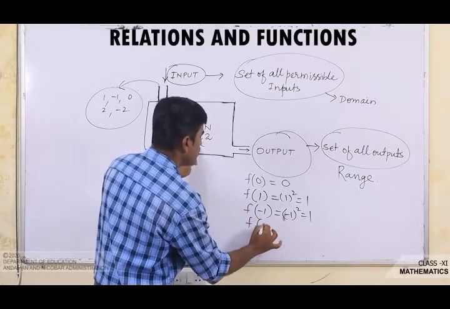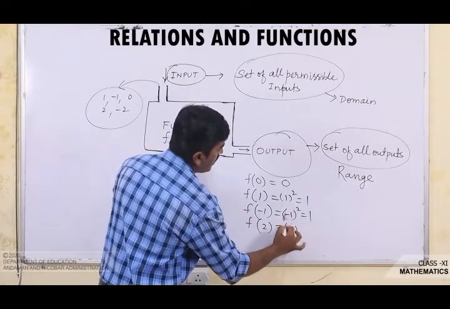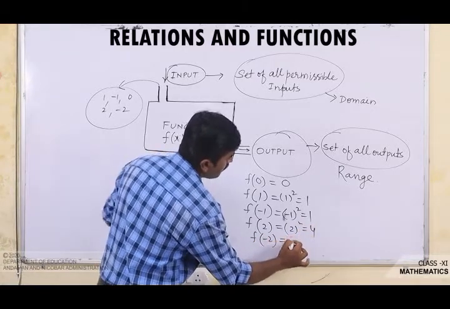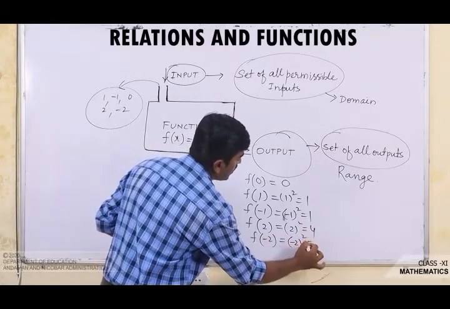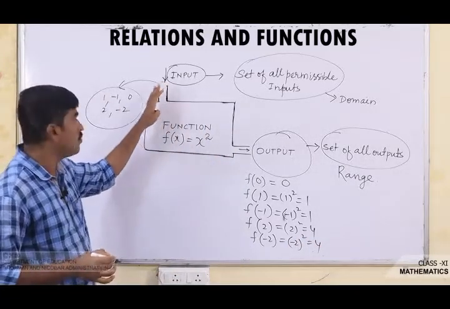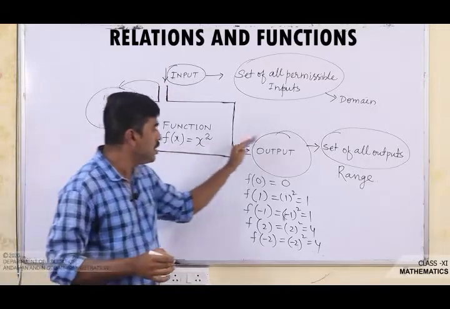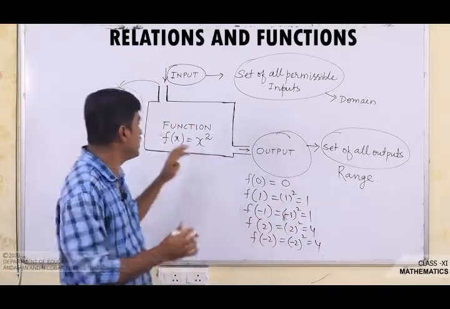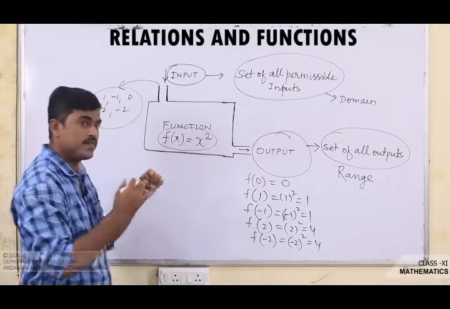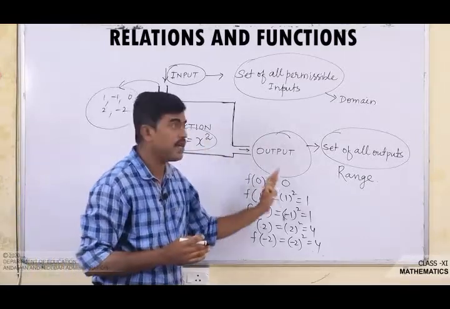If we put x equals 2, it is 2 square, that is 4, and f of -2 is -2 square, that is again 4. That means every input we have taken has a unique output. It is like a machine that processes and gives a unique output.